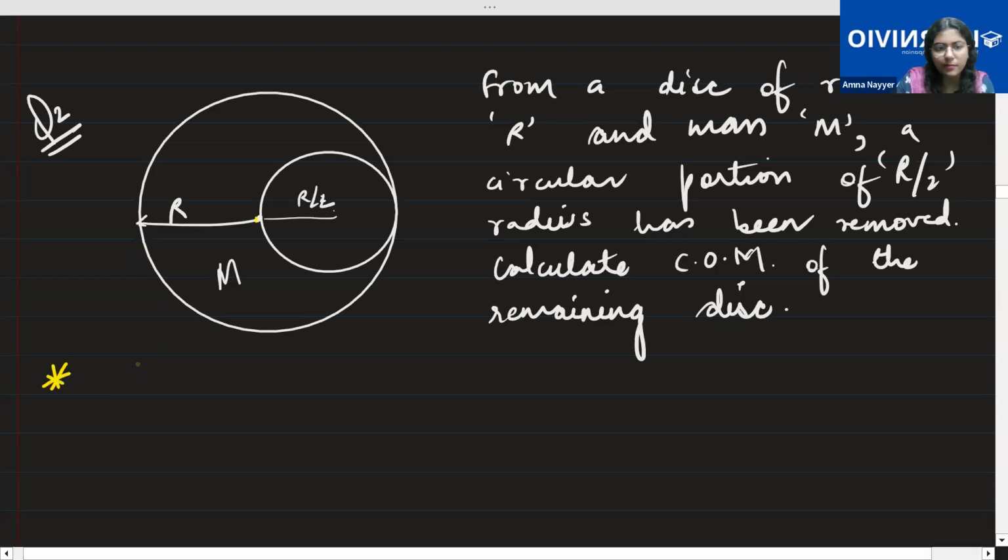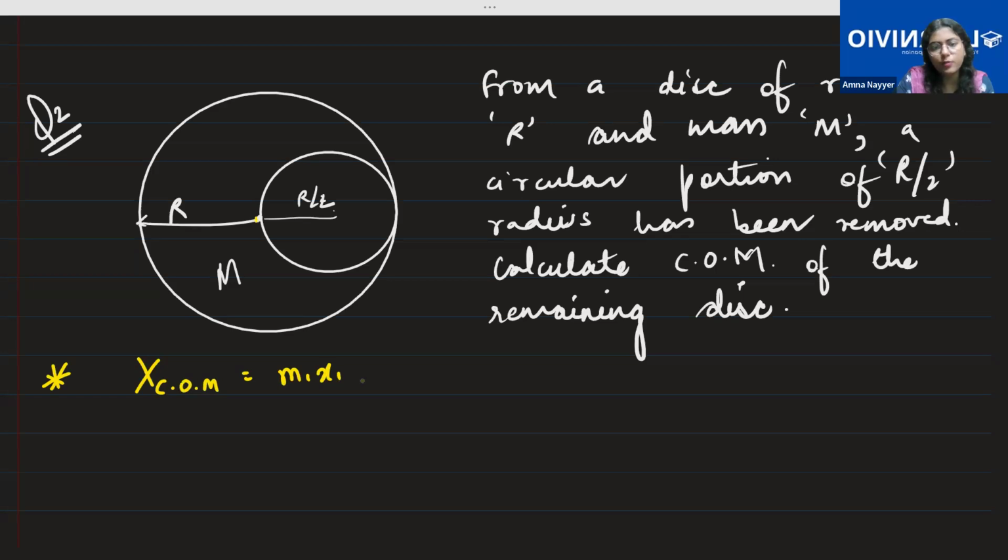You use this formula. X center of mass is m1 x1 minus m2 x2 divided by m1 plus m2. Now this is a little difficult to use. The reason is that here locating x1 and x2 will be very difficult. This is not for every portion that is present. Okay, m1 x1 minus m2 x2 by m1 plus m2.